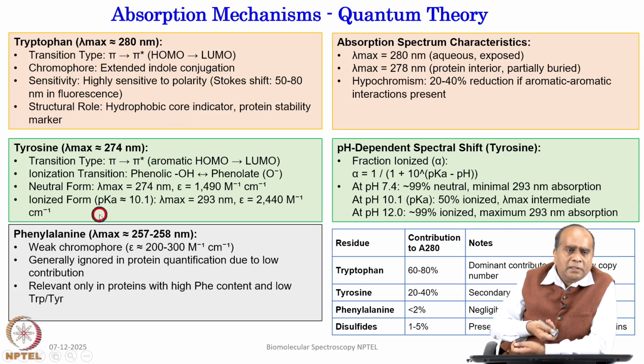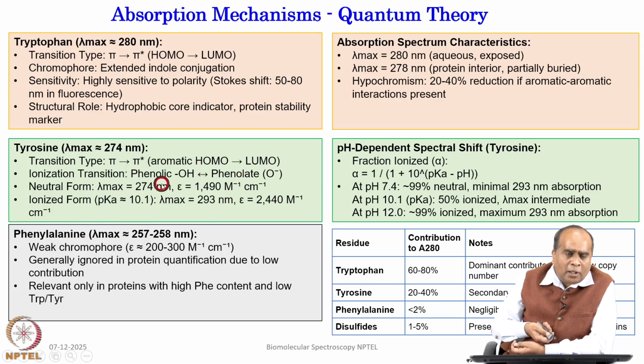Now, tyrosine: essentially the transition is again pi to pi star, aromatic HOMO to LUMO, and here an ionizable transition happens when it goes to high pH. The phenolic OH can go to phenolate, that is O minus. The neutral form lambda max is 274 and the extinction coefficient is 1490, with an ionizable pKa of 10.